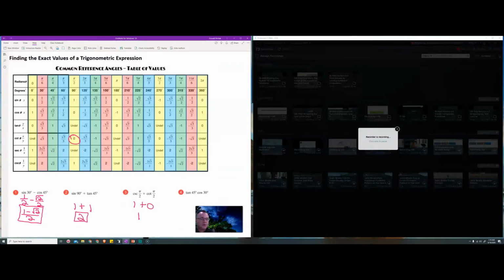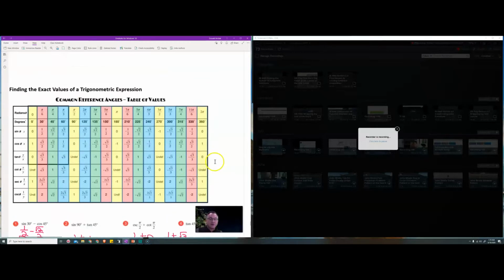Okay, number 4. The tangent at 45 degrees, so tangent at 45, there's 45, tangent is 1. The cosine at 30 degrees, so I go to 30, cosine is root 3 over 2.